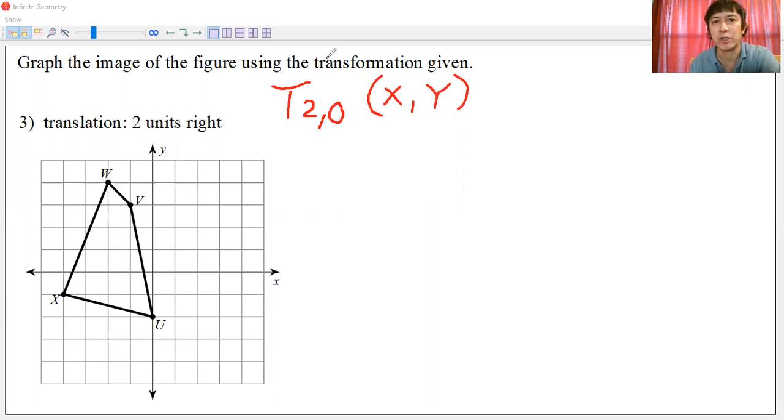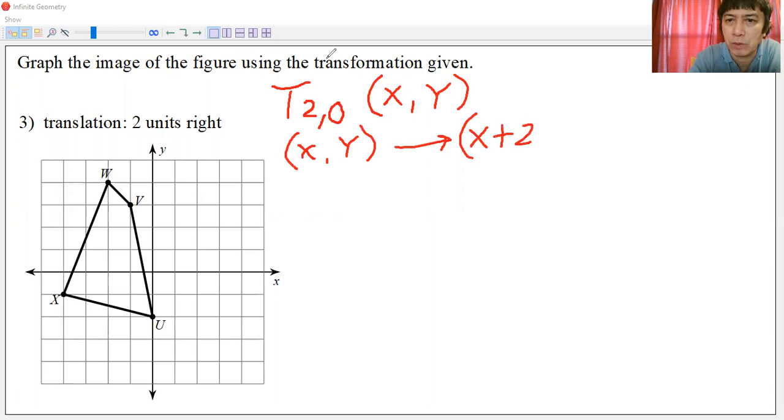This is translation 2, 0 on every point x, y of the figure. So all we need to do is express this: the equivalent of x, y is x plus 2, and y remains y because this is 0 there.